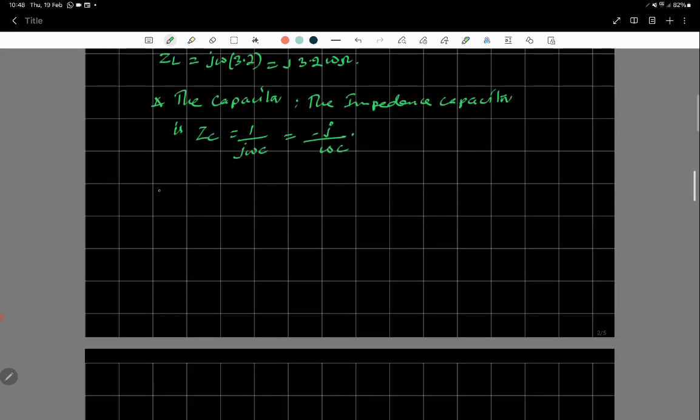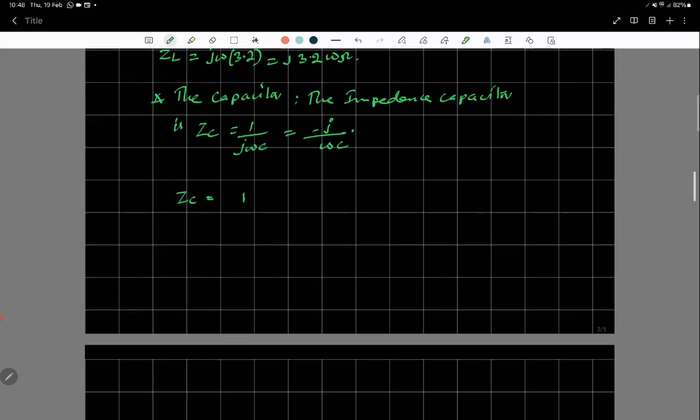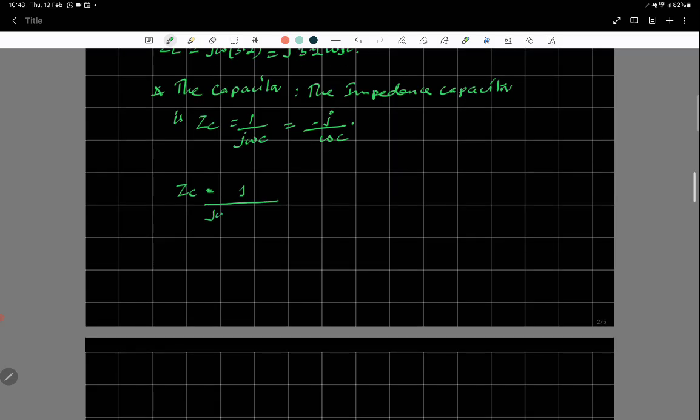Hence, the impedance of the capacitor is equal to 1 over JW times 2.5 times 10 to the negative 6, which is equal to negative J over W times 2.5 times 10 to the negative 6.